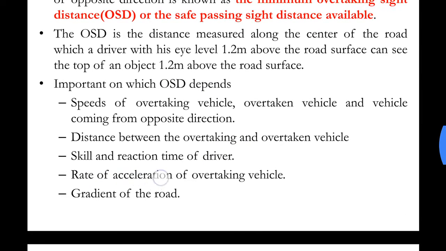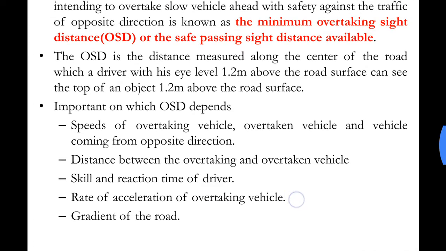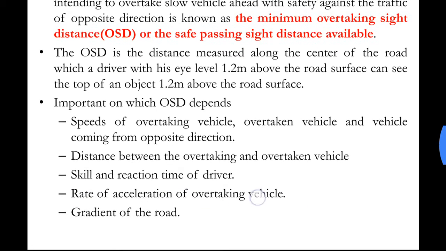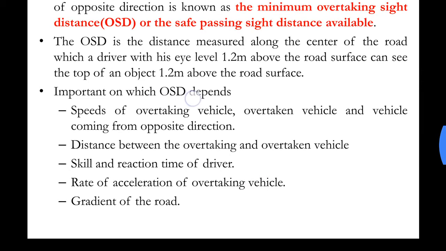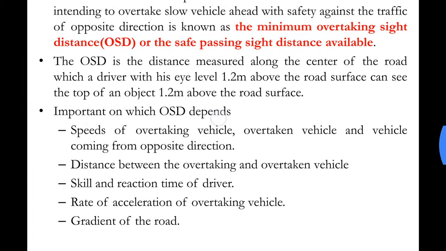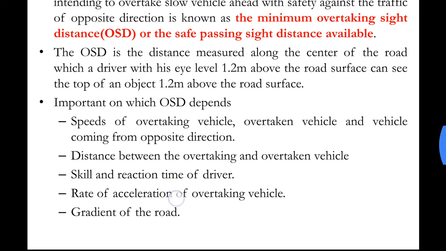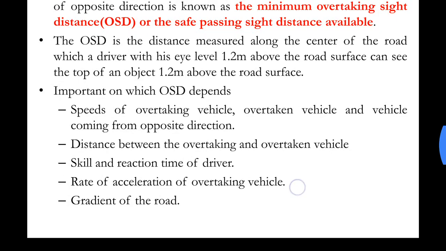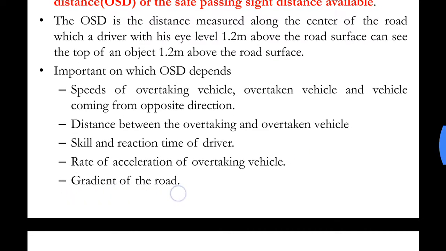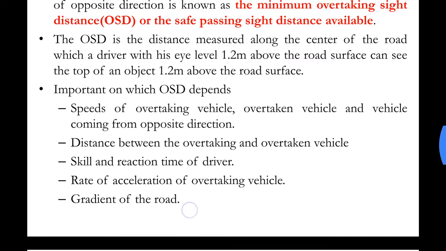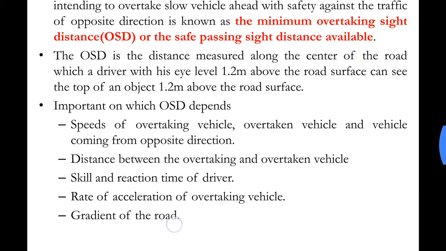Rate of acceleration of the overtaking vehicle: if the rate of acceleration is good, then the required OSD would be less. We can overtake within a small distance if the rate of acceleration is more. Gradient of the road. How will the gradient of the road affect OSD?